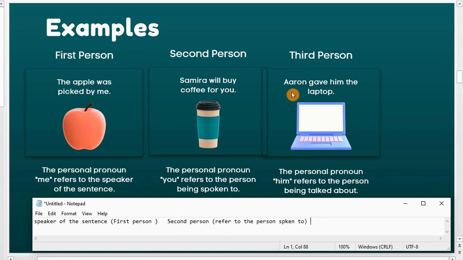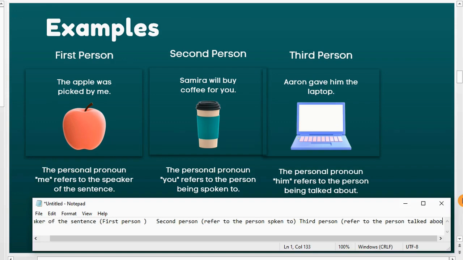Third person: Aaron gave him the laptop. "Him" means it's talking about a third person, the person being talked about. Third person refers to the person talked about.